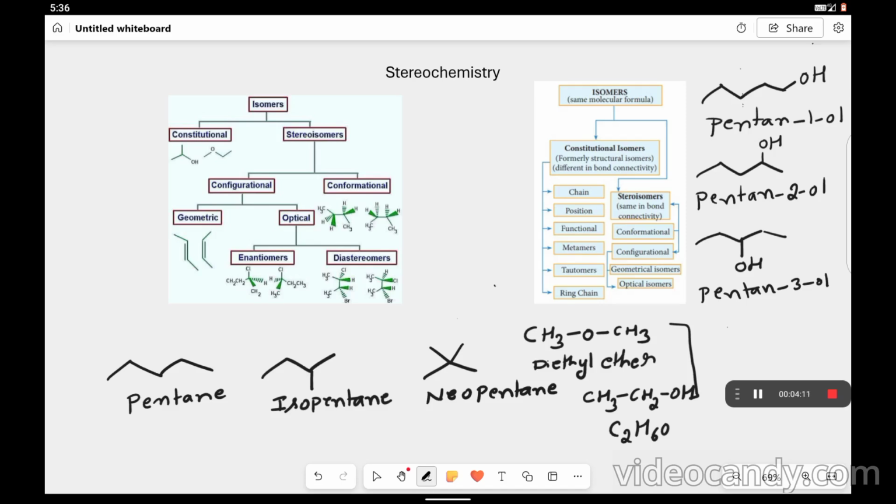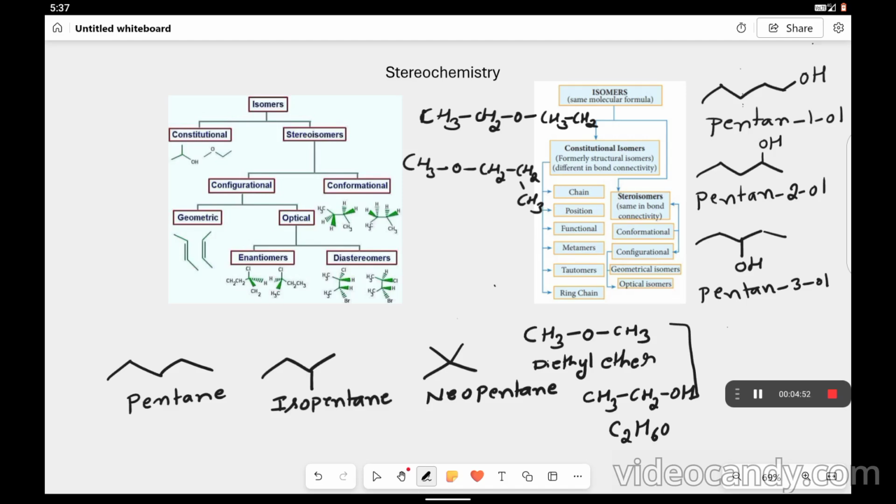The example is diethyl ether, and one more compound is methyl propyl ether. So this is an example of metamerism. Same molecular formula, same functional group, but on either side of the functional group, the two alkyl groups are different. This is called a metamer.